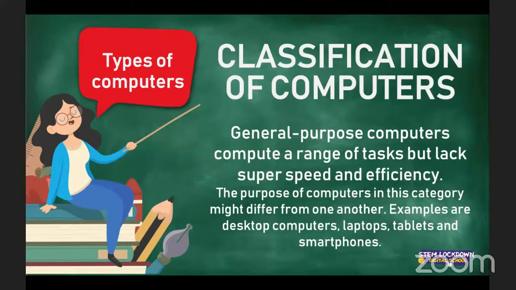But if we look at a laptop versus a tablet, can we agree it differs in many ways? In the sense that the processing power of a laptop is very different to the processing power of a tablet. What a laptop allows me to do might be very different to what a tablet allows me to do.